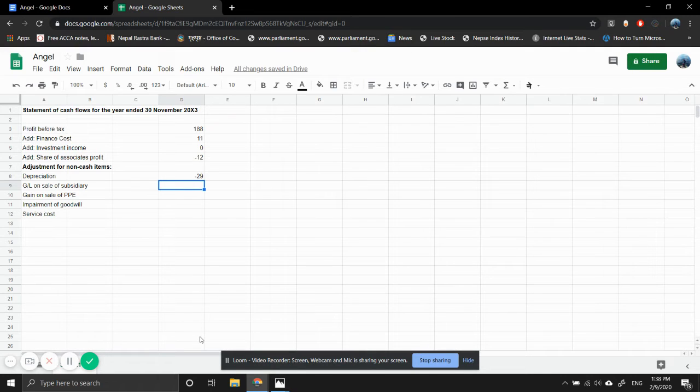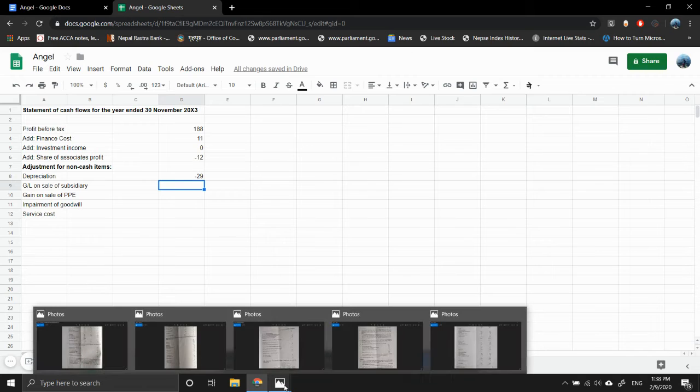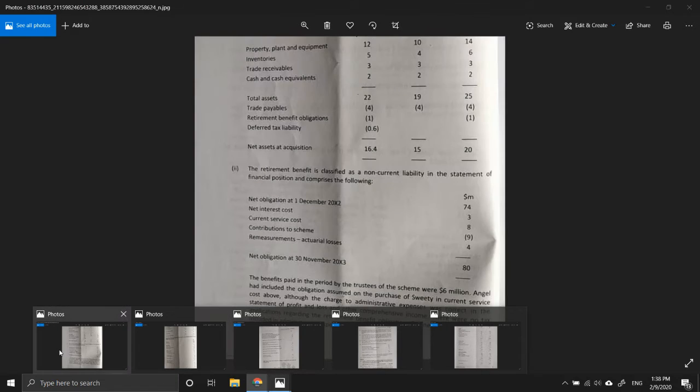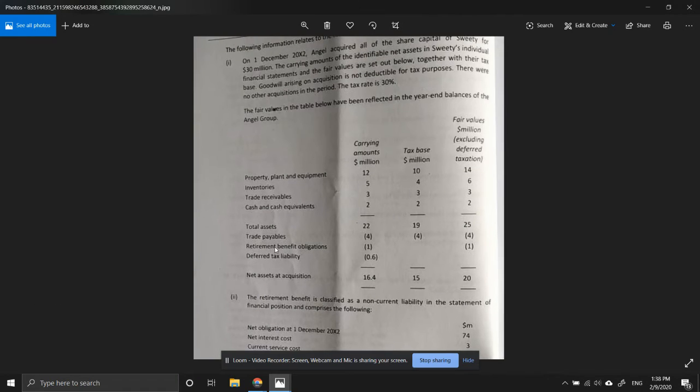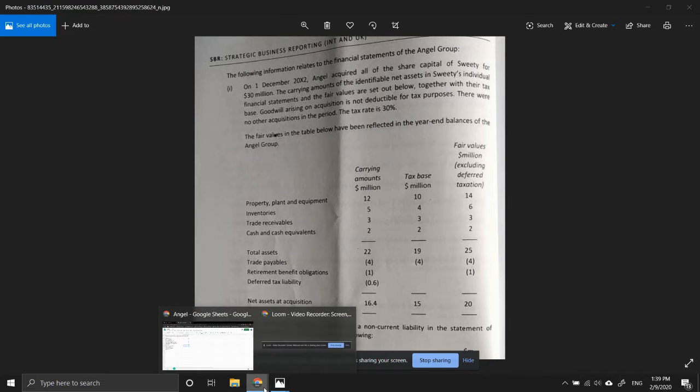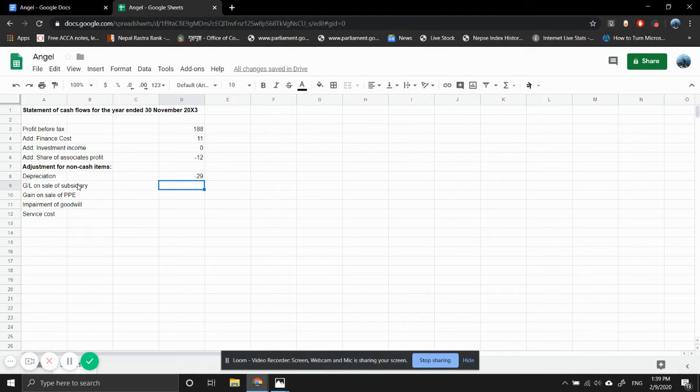Gain or loss on subsidiary: it has not been disposed of, it's only been acquired. It does not say anything about disposal as far as I have read, so no need to worry about this.